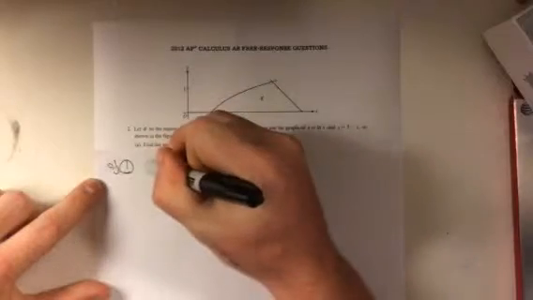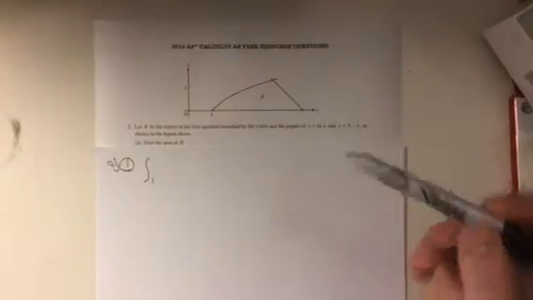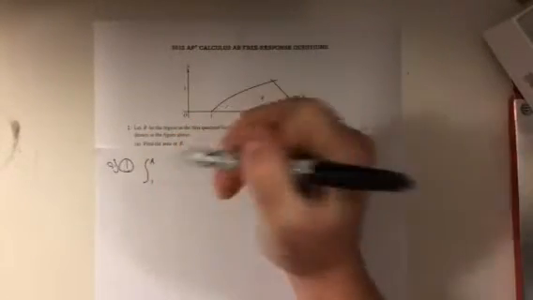So in order to do that, we're going to set up our integral and find it from 1 to the intersection of our two lines that this area is being bounded by. So let's just call it A for all intents and purposes. And how we're going to find A is by finding the intersection.